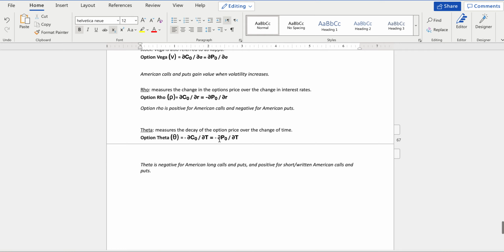If you're long a call or a put, theta is never your friend. However, it is your best friend when you're shorting American calls and puts. It is lovely to see a contract go down in value when you're shorting that contract.